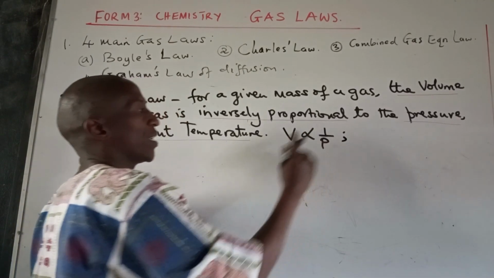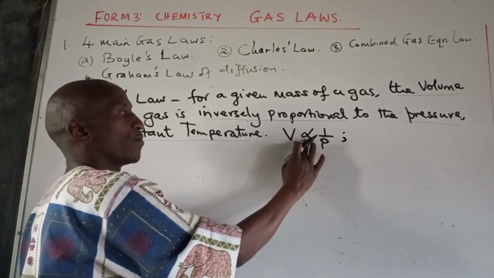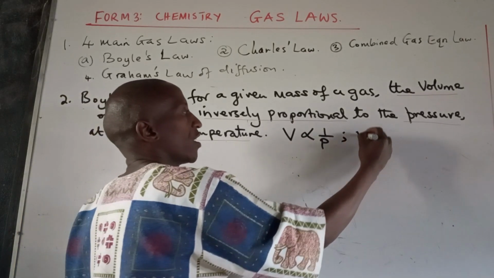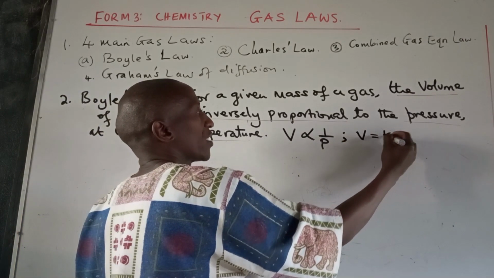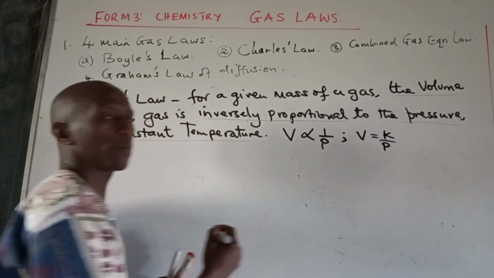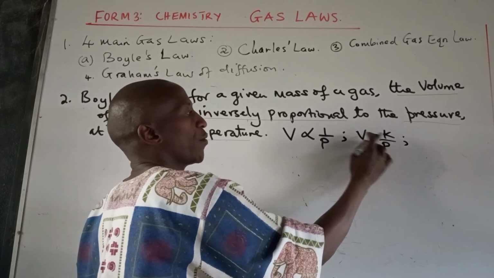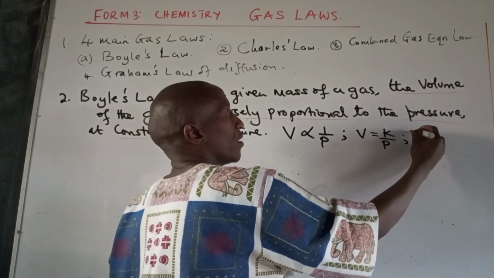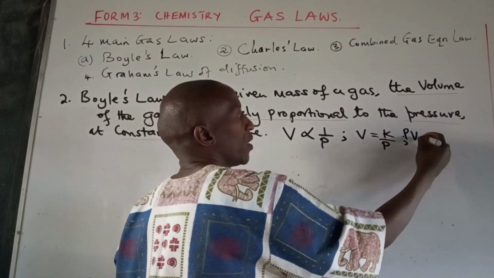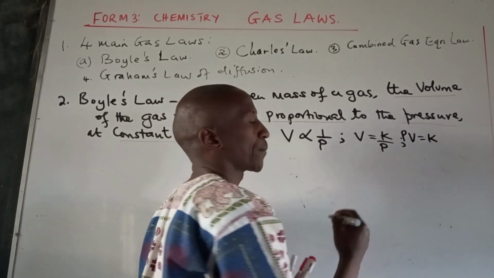And this can be shown when we remove the proportionality sign, we get V is equal to a certain constant K over P. And if we multiply both sides by P, we get pressure times volume is equal to a given constant.